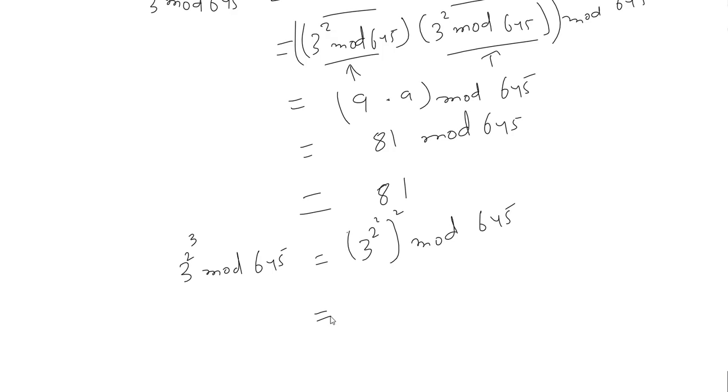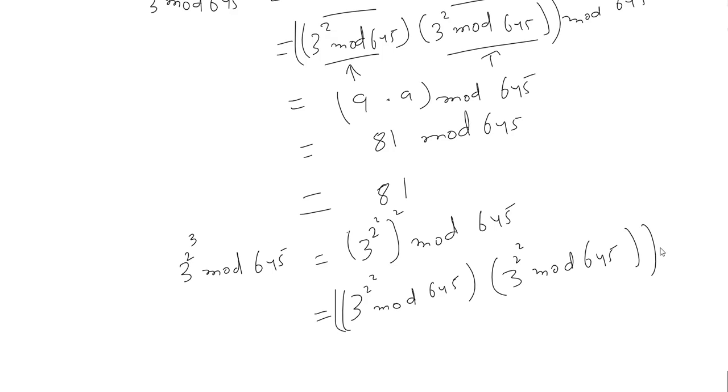So again, this can be written as 3 with the power of 2 with the power of 2 mod 645 times 3 with the power of 2 raised to power 2 mod 645, and this entire thing has mod 645 at the end.